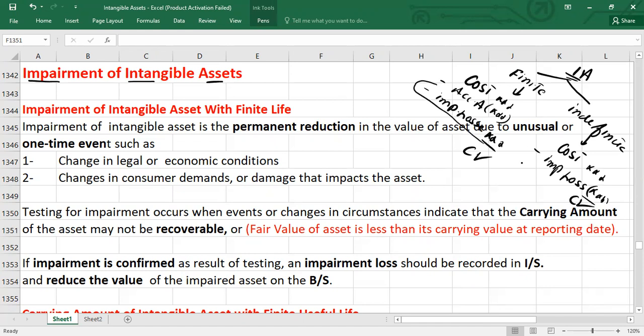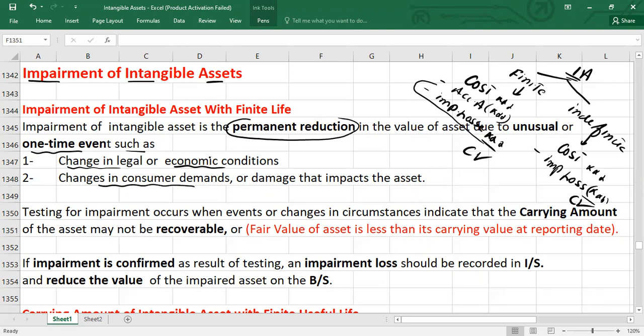First of all, we need to understand what impairment loss is. Impairment loss is a kind of permanent reduction in the value of an asset due to an unusual or one-time event, such as a change in legal factors which might indicate a loss, or a change in economic conditions, like the COVID pandemic, or a change in consumer demand.